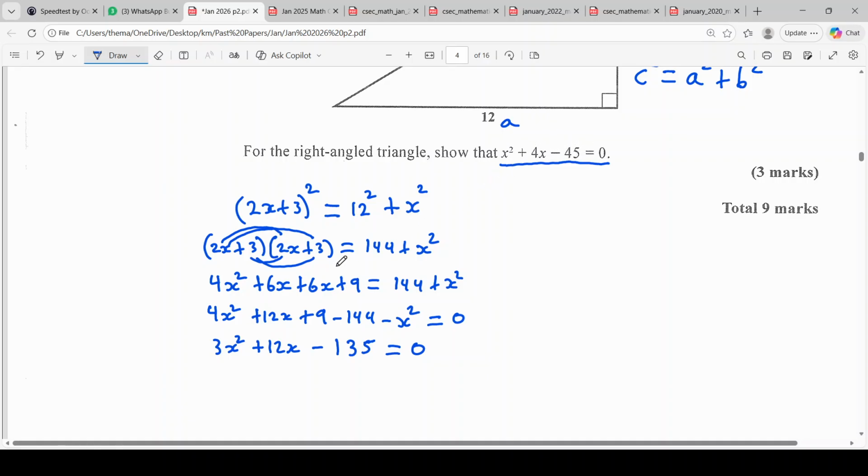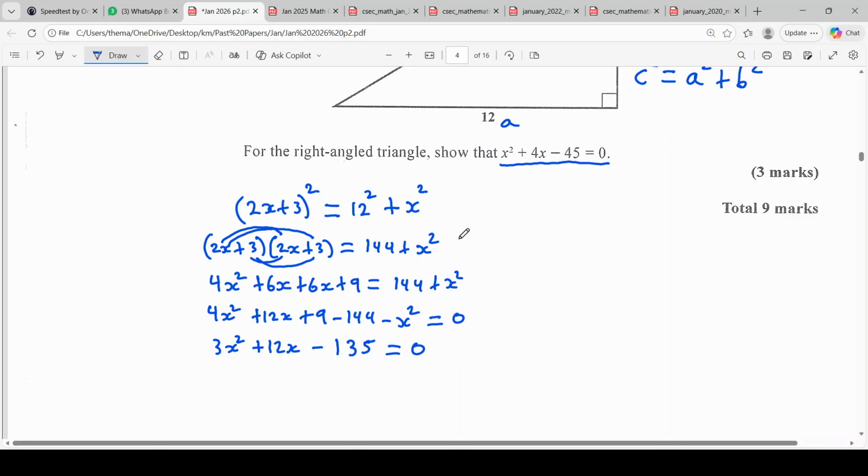But looking at the answer and looking at where we reached, what do we have to do next? Justin, what could we do next? No, look at what we have and look at what we're trying to get. Divide by 3. Right?